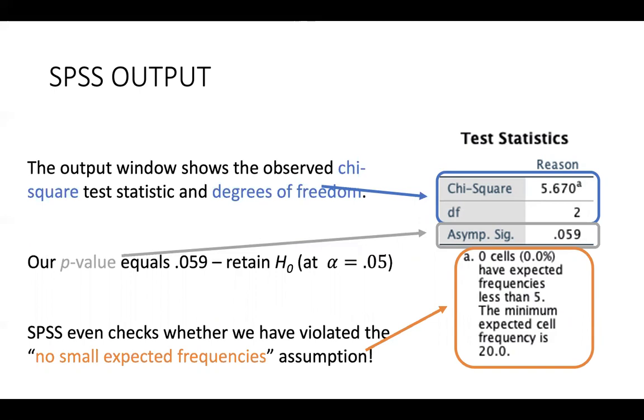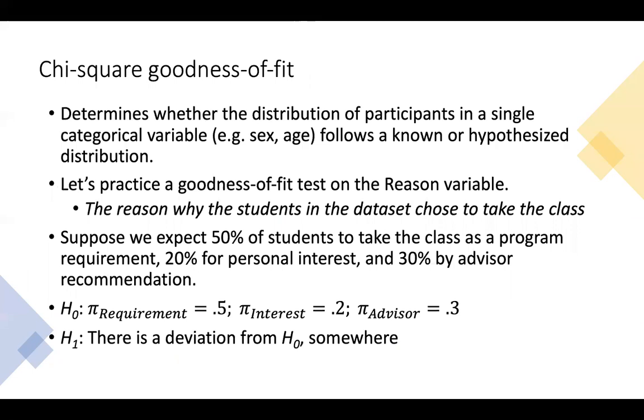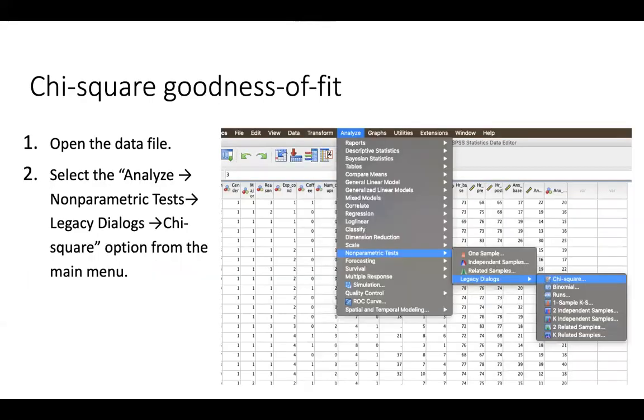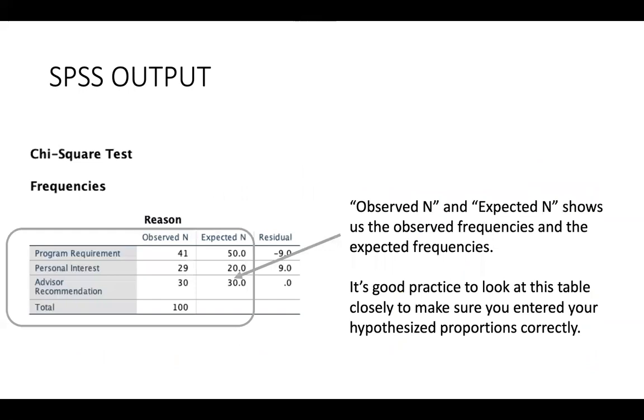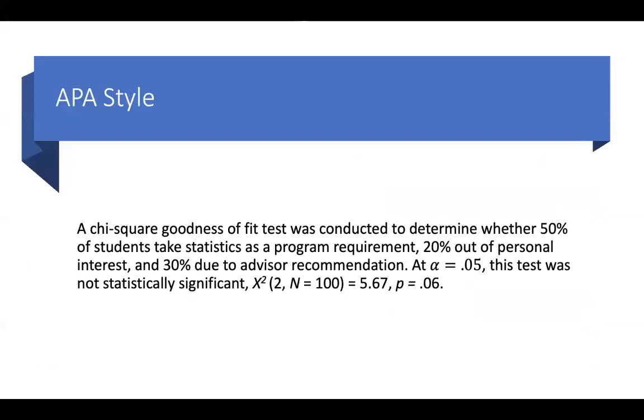So we are retaining it, and just as a reminder, our null hypothesis was, I'm going to go back to it so that we can see it, requirement equals 0.5, interest equals 0.2, advisor equals 0.3. So that's what we thought, that was the null. It turns out that null is correct. We retain it. Don't worry about the no small expected frequencies assumption.